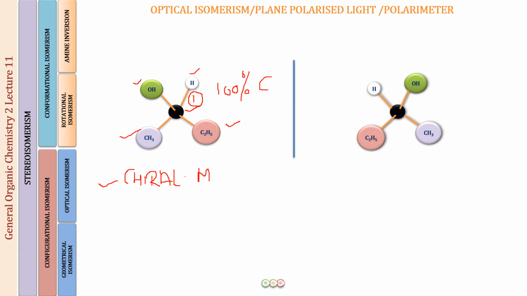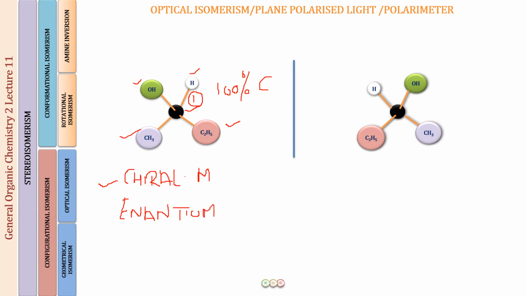They were mirror images of each other, and when they tried to superimpose, they found that they were non-superimposable. And hence these two compounds came to be known as enantiomers. And now we know that these enantiomers are called optical isomers.